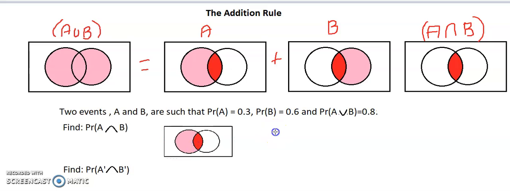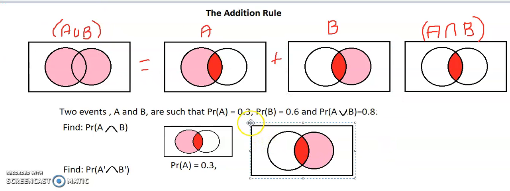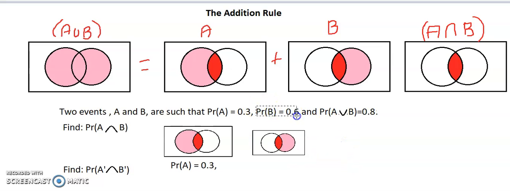So I've got the probability of A. Copy that and put it here. I've also got the probability of B, and this is B. And I also have the probability of A union B.